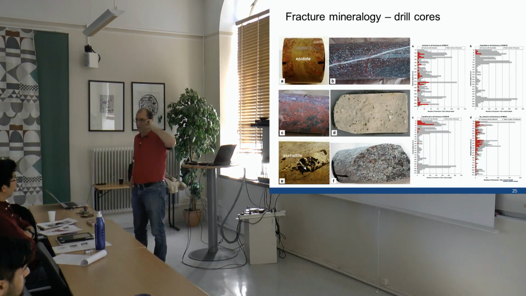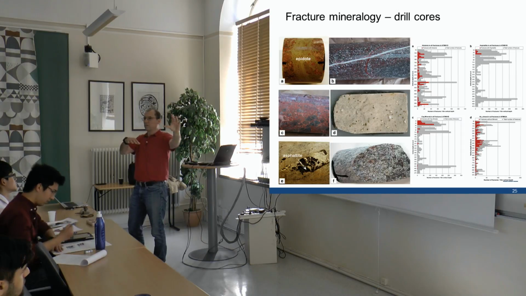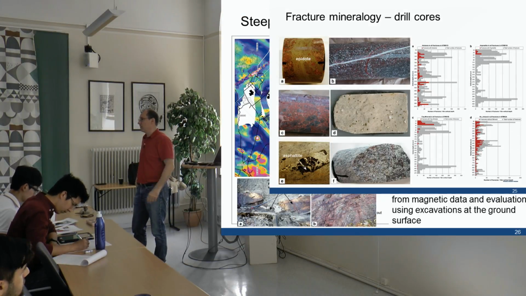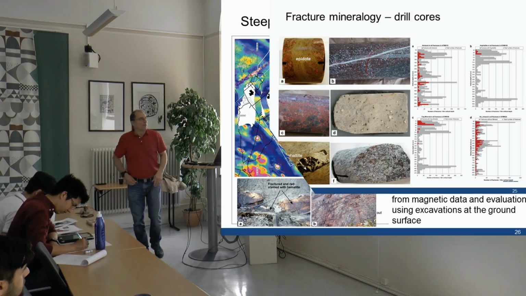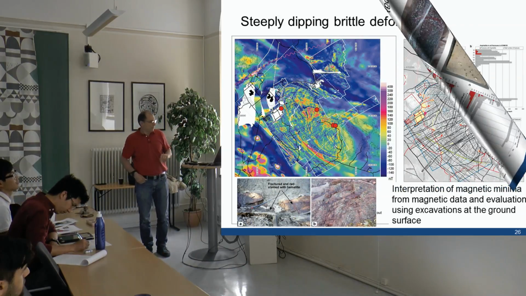Think about the fracture frequency in the upper part. In the upper part, there are a lot of fractures. So you said the clay mineral is evidence for water. Yeah. And we have a lot of water on the top in this highly fractured volume. So therefore we have the clay minerals.